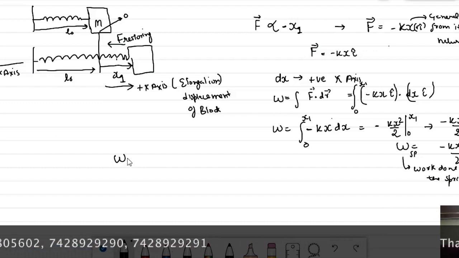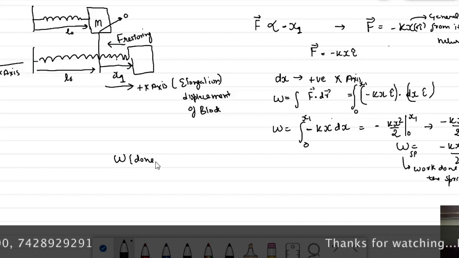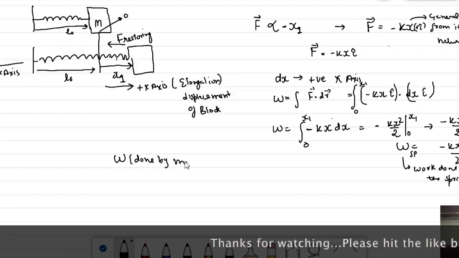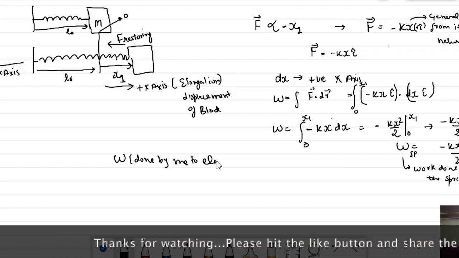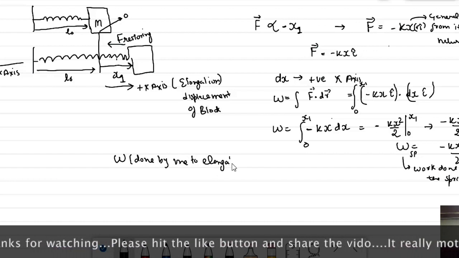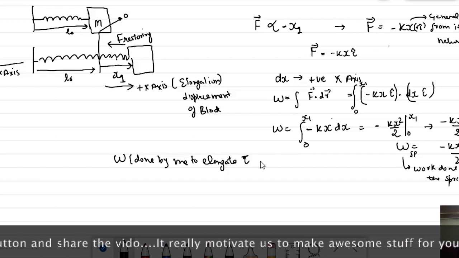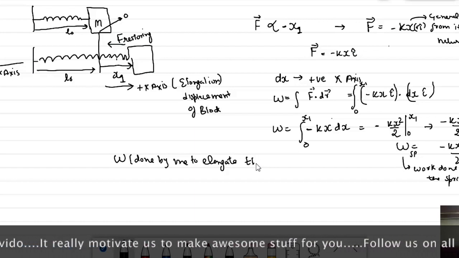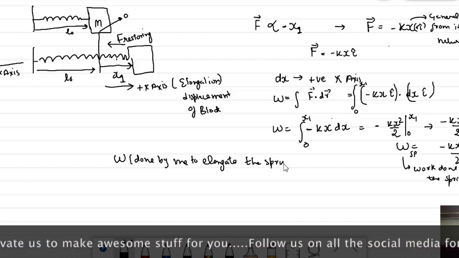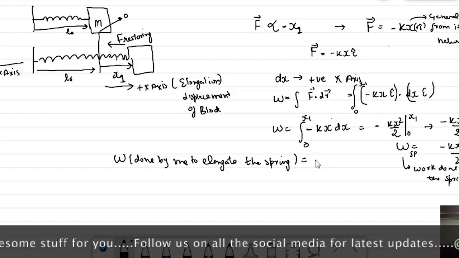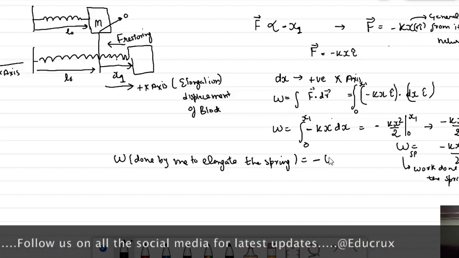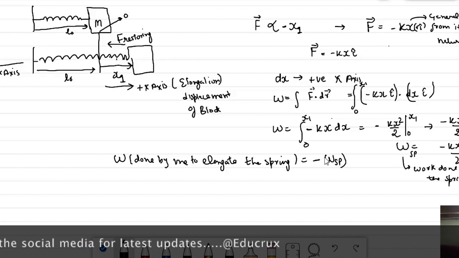So the work done by me to elongate the spring should be the negative of this work done by the spring force.